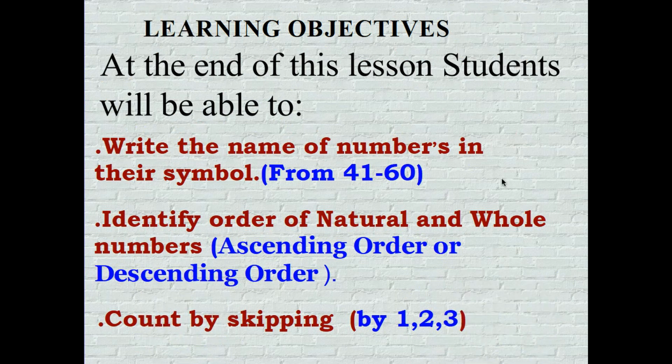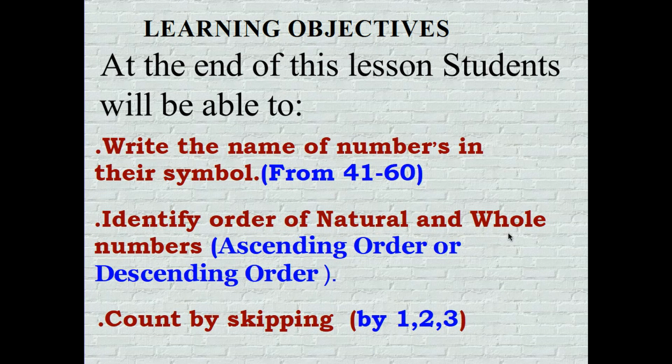Before we start, let's see the objectives. At the end of this lesson, you will be able to write the name of numbers in their symbol. As I told you, you will see the numbers in their symbol from 41 up to 60, obviously numbers from 1 up to 40. And then identify order of natural and whole numbers.